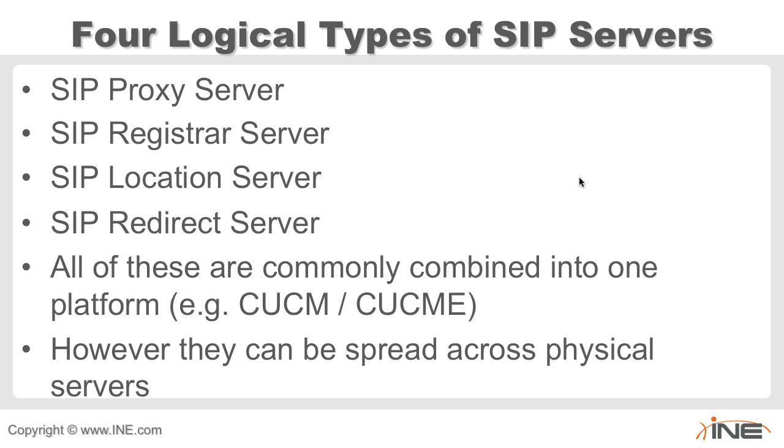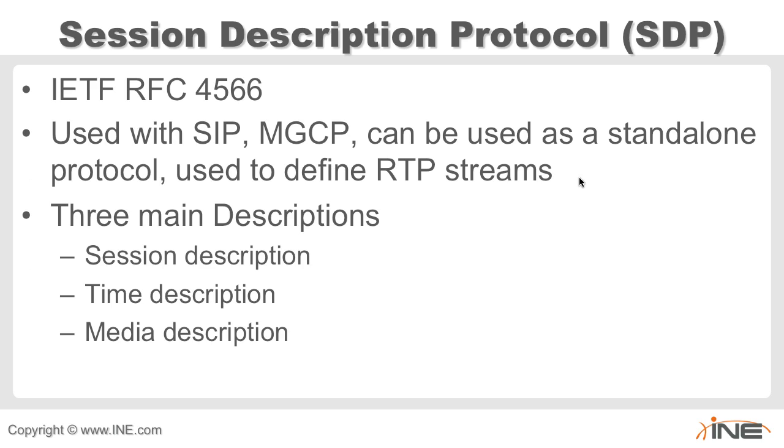If someone moved, if they did a call forward all, it provides things like, hey, redirect over here. They had a temporary move, call forward. All of these are commonly combined into one platform, such as CUCM or CME. However, it is very possible to spread them across physical servers. In larger service provider environments, that's someplace you might see that done.